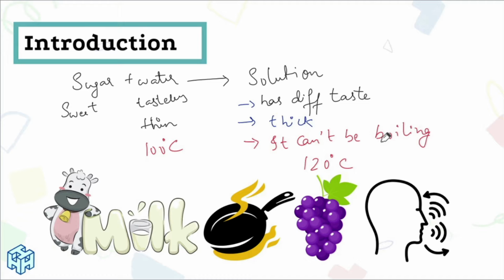Here we observe that when we mix one chemical component with another, the resultant we get is completely different. The taste has changed, the physical appearance has changed, the physical properties have changed, almost everything has changed.